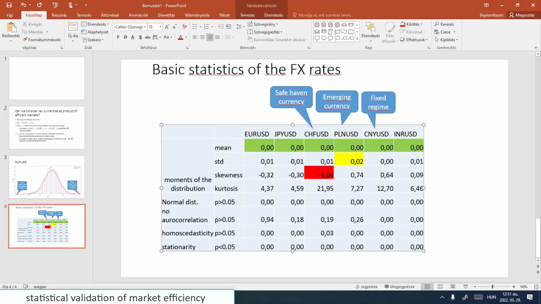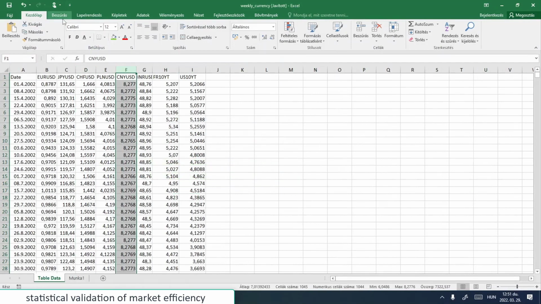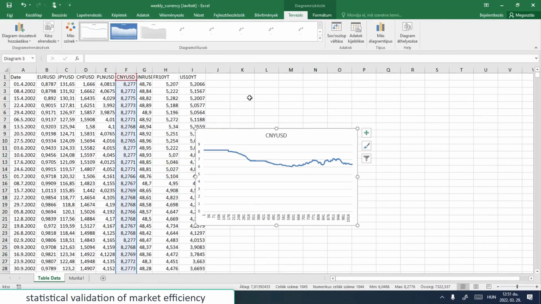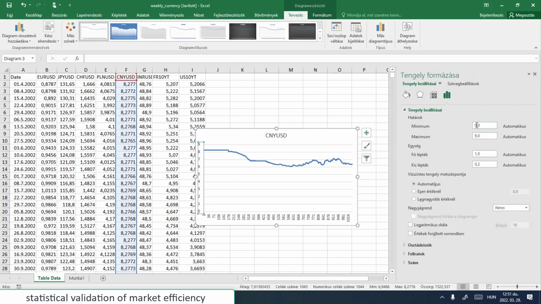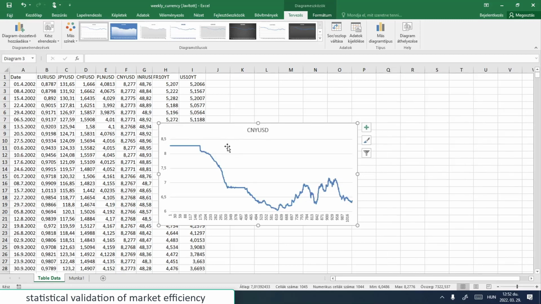In the case of the Chinese renminbi, I think that we can see any possible directions. It had an absolutely fixed period. Then there was a period of time when it was allowed to appreciate, let's say to 6.